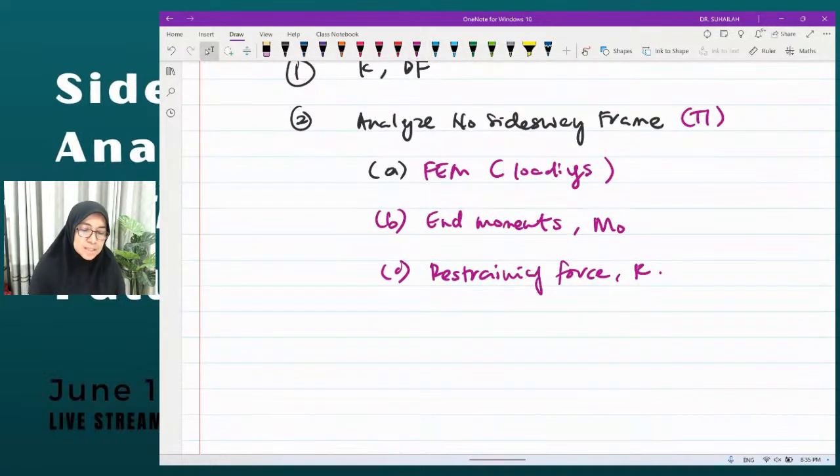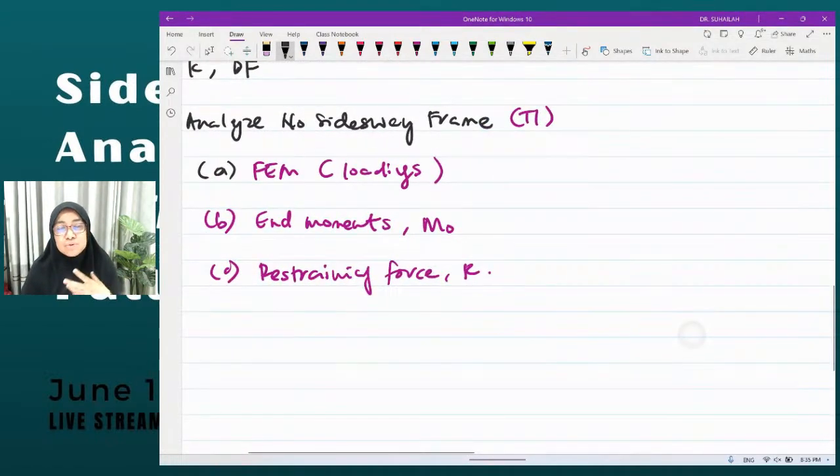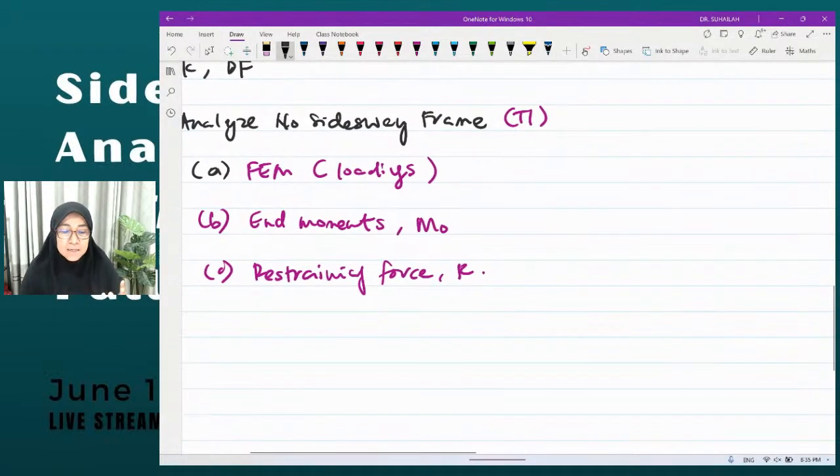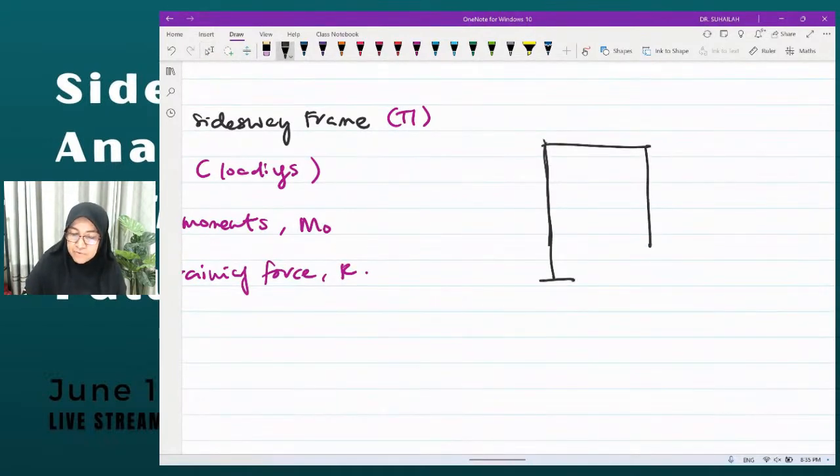Okay, so this is step number 2. Before that, we have to analyze the frame. The frame is like this, fixed and pinned, with UDL and point load. Looking at the frame, based on the W given, we can assume that the original frame tends to sway to the left.